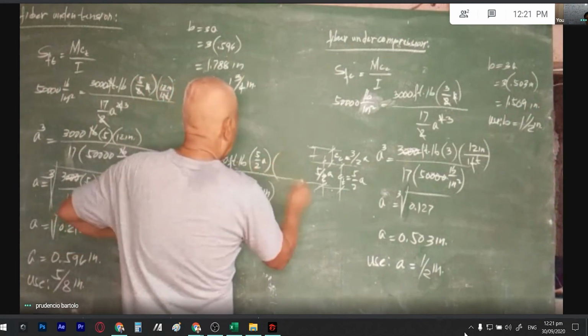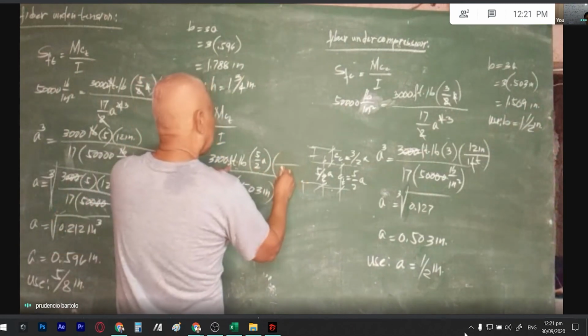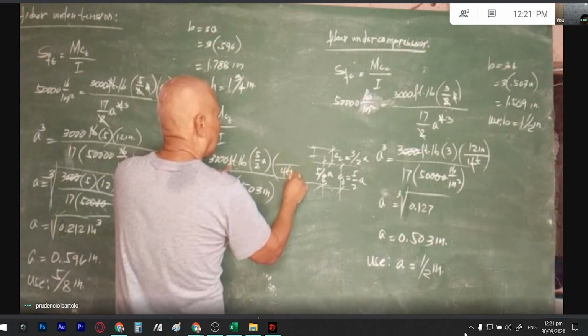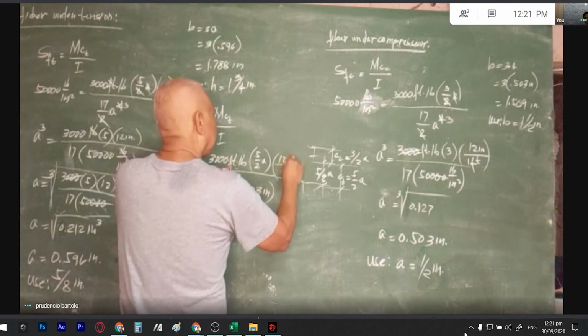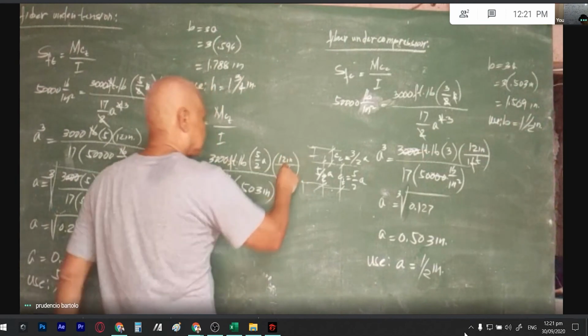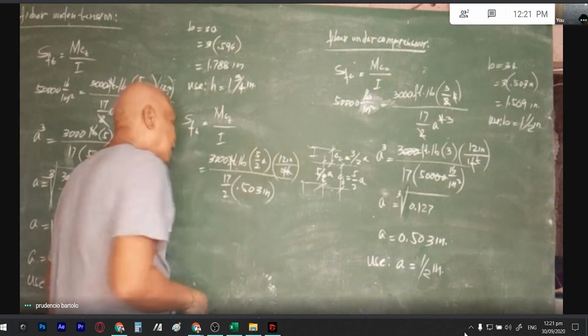So we take 1 foot equal to 12 inches. So foot and foot cancelled out.